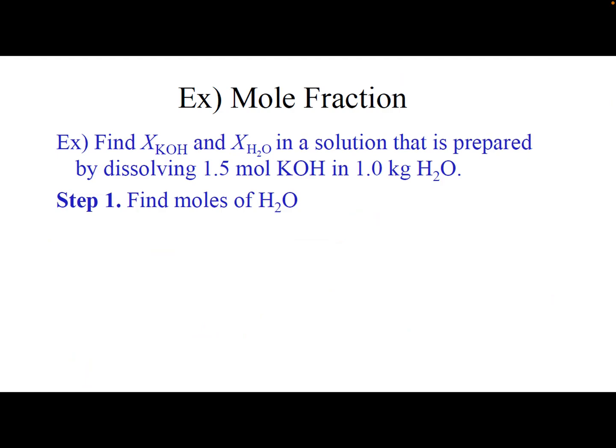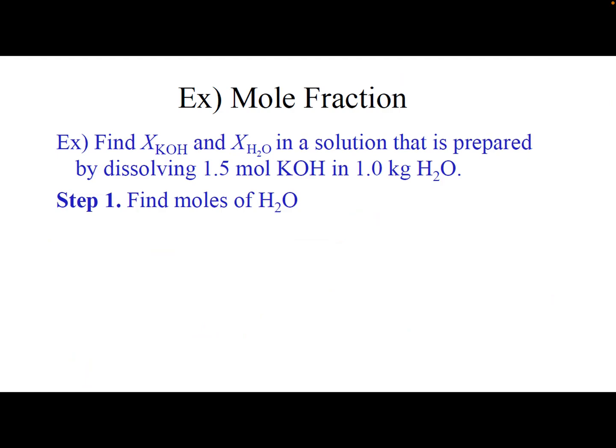Mole fraction. You will find the mole fraction of potassium hydroxide and the mole fraction of water in a solution that is prepared by dissolving 1.5 moles of potassium hydroxide in 1 kilogram of water.